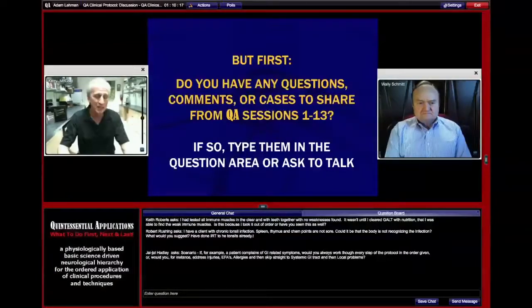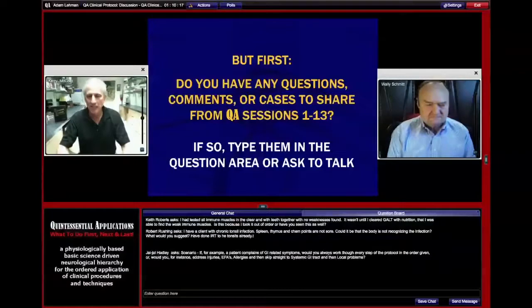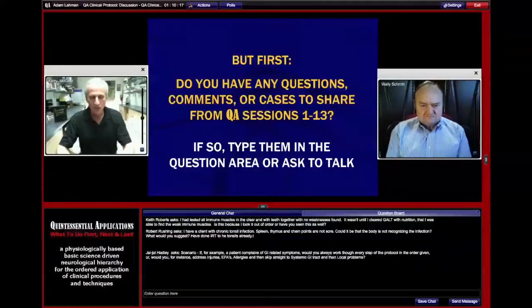And by repeating some of what Dr. Schmidt says, please forgive me, but allergy and heavy metal toxicity are often in the underlying issues associated with any chronic problem. The other thing that could be at issue is sometimes infections are cytokine driven, and cytokine detoxification in the liver may have to be looked at as well. So all of these things are embedded within the QA clinical protocol and reveal themselves in an ordered fashion.